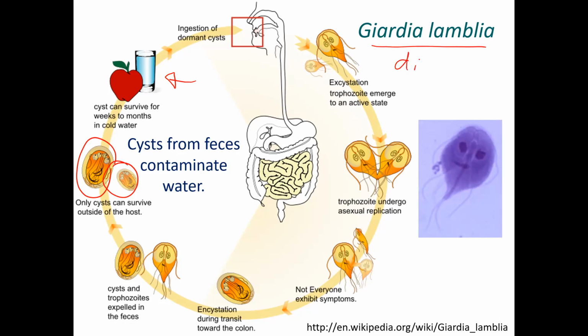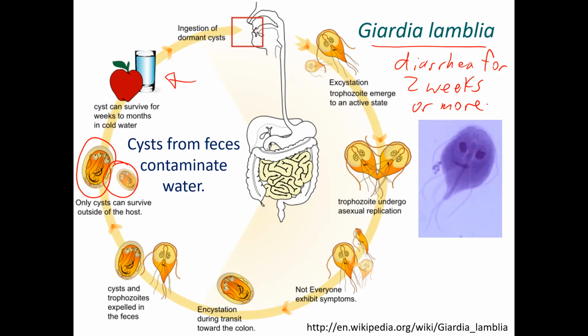So Giardia, this is the one we're talking about diarrhea, and if you get diarrhea and it's 2 weeks or more, then it's probably Giardia. If you go traveling somewhere, or if you go camping and you're drinking water out of the river, I do it all the time. I've never had this.